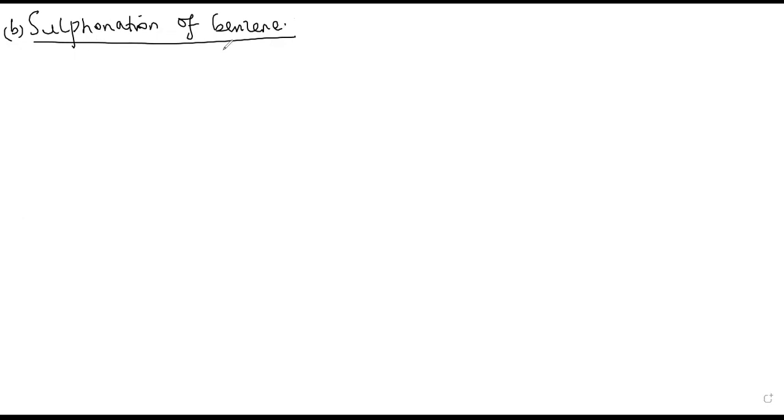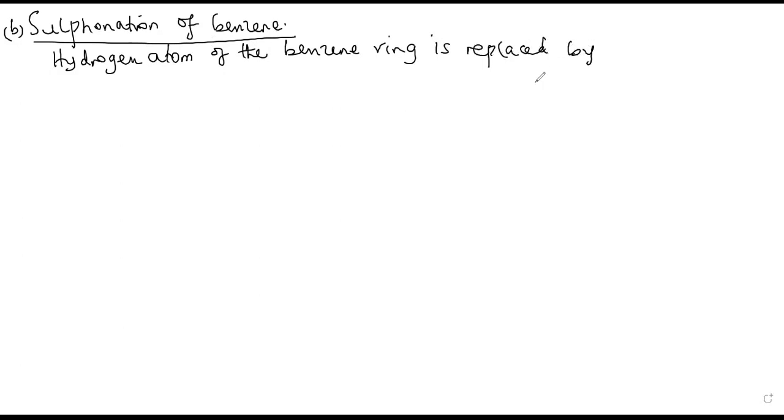So when we say sulfonation of benzene, the hydrogen atom of the benzene ring is replaced by the sulfonic acid group, and that sulfonic acid group is SO3H.